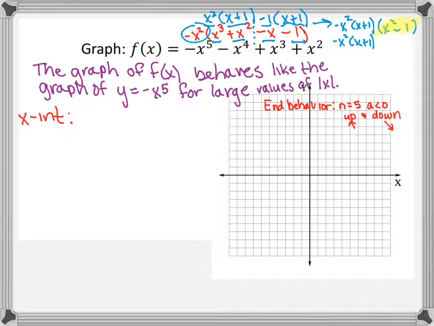So, negative x squared times x plus 1, two sets of parentheses, the square root of x squared is x, the square root of 1 is 1, 1 gets a plus, 1 gets a minus. We do have two factors with x plus 1, so we could finally rewrite this as f of x equals negative x squared times x plus 1 quantity squared times x minus 1.